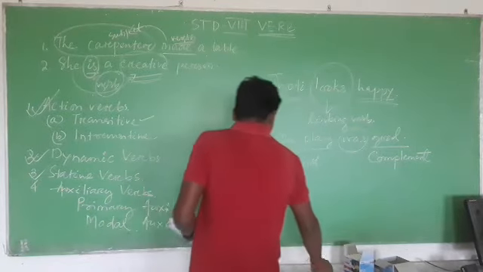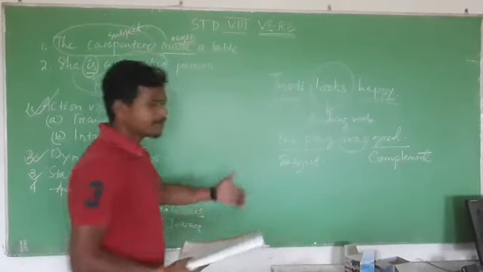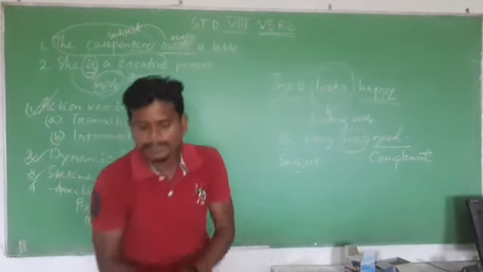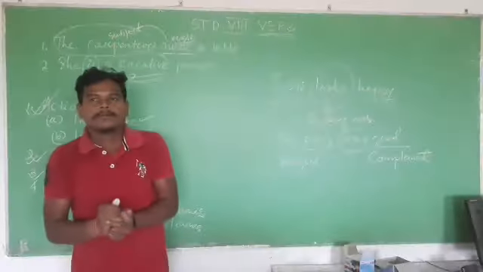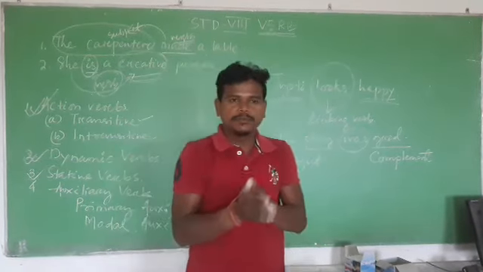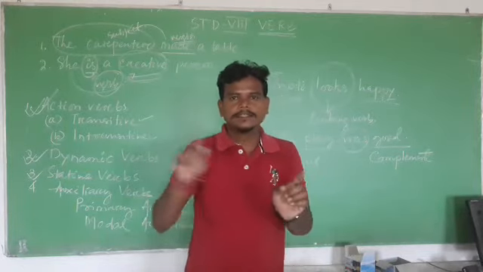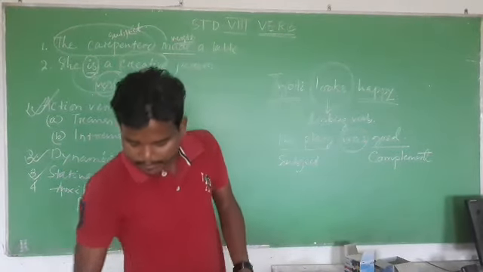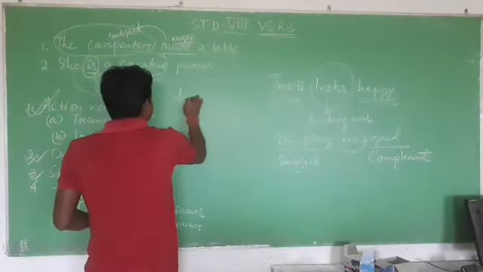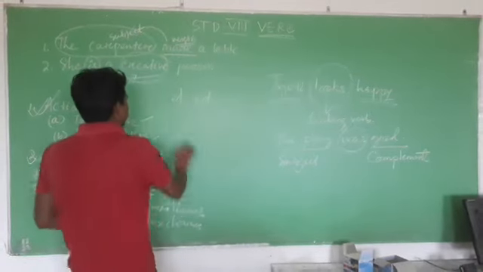Okay. Next, we will see regular verbs and irregular verbs. I am telling you in a very brief manner. Most verbs are regular actually. So verbs are categorized into two categories: one is regular, another is irregular. A regular verb is one whose past and participle forms can be written by adding d or ed.